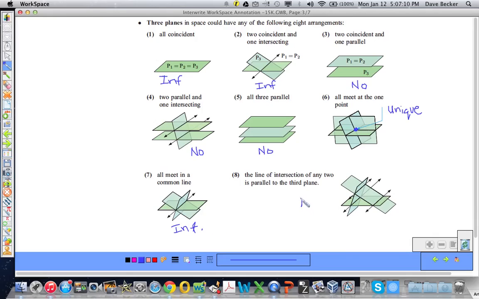So this would be another no solution. So if you have three planes, you have 1, 2, 3, 4 ways for them to have no solutions, and 4 ways for them to have a solution. Only one way to have a unique solution, so therefore 3 ways to have an infinite number of solutions.